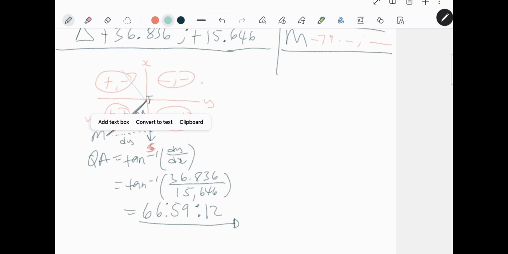Our bearing is measured from where? Not our quadrant angle. So if it was like this, we would have our triangle here, meaning we have our dy and our dx. You see our quadrant angle would be this one.